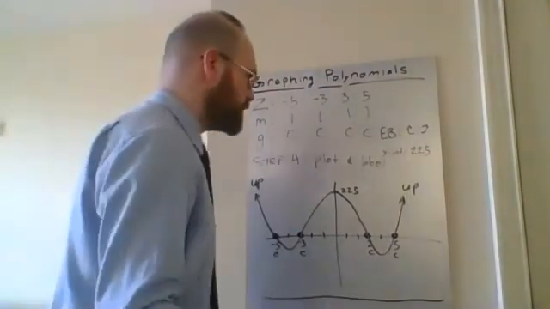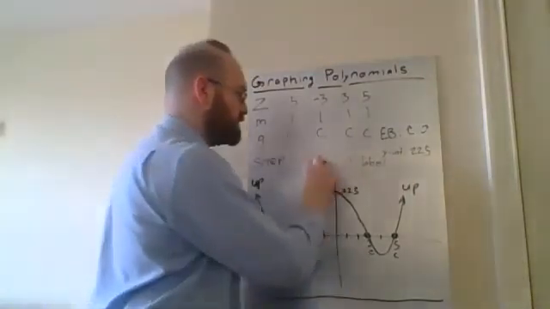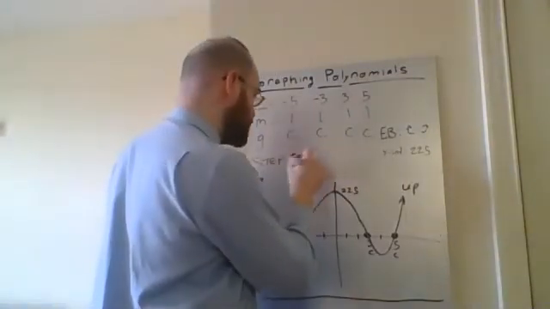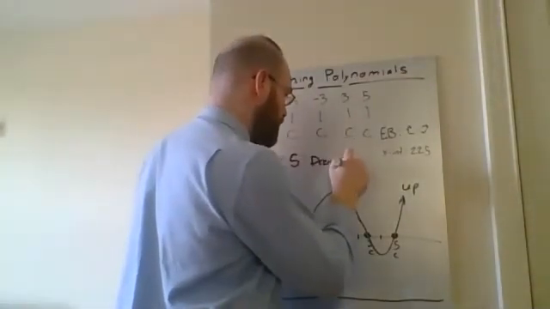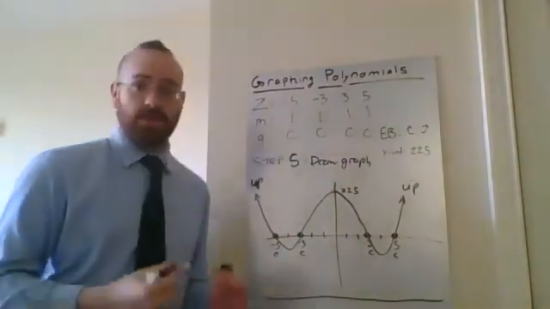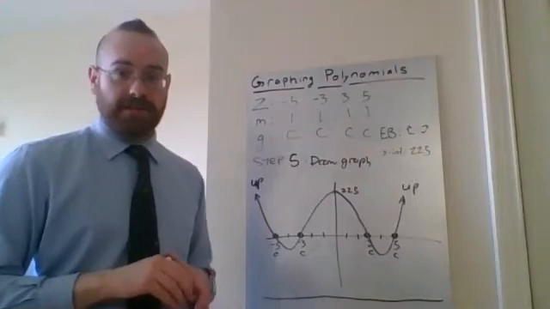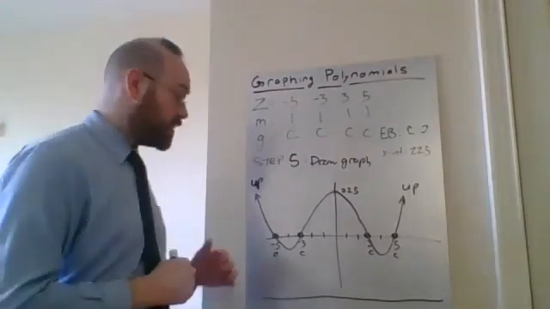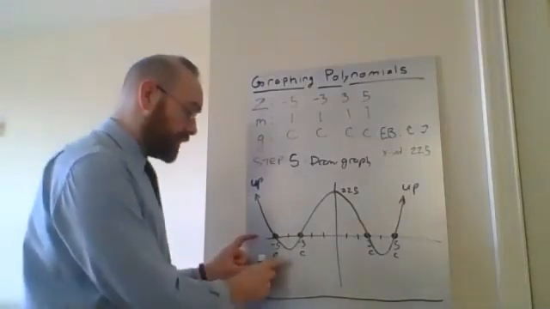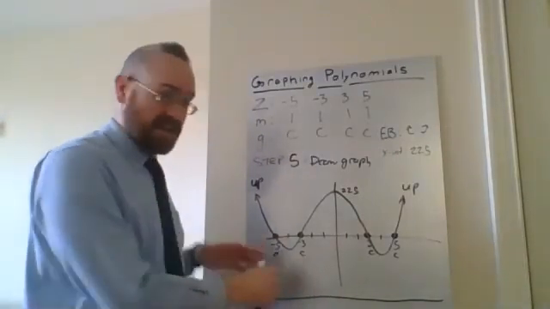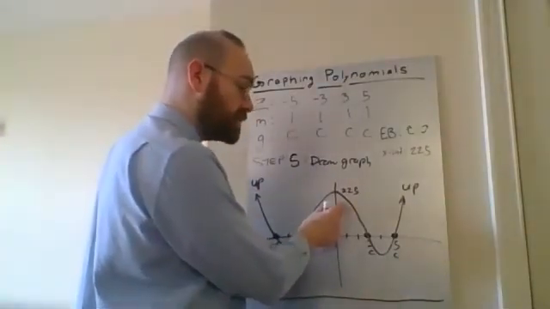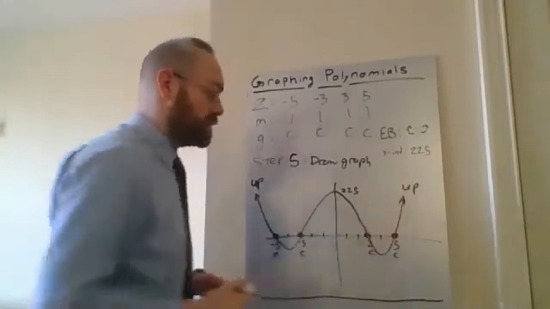I actually probably should have specified that step 5, for those of you who'd like it to be separate, is actually drawing the graph using the labels and the points that we plotted in step 4. So again, we start on the left with the left end behavior, and then we follow our labels to either cross or touch. In this case, all of them are crosses. Go through the y-intercept and then up at the end.